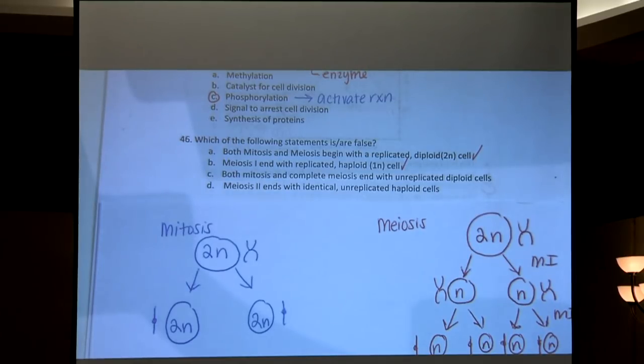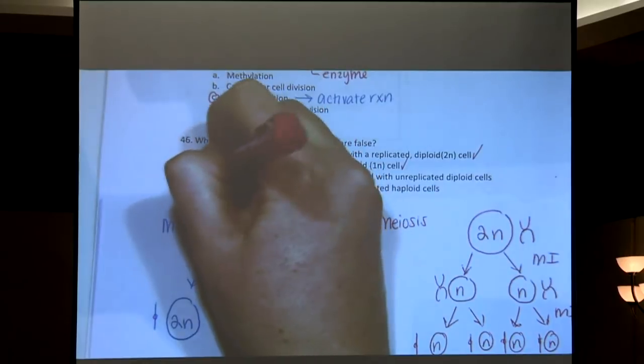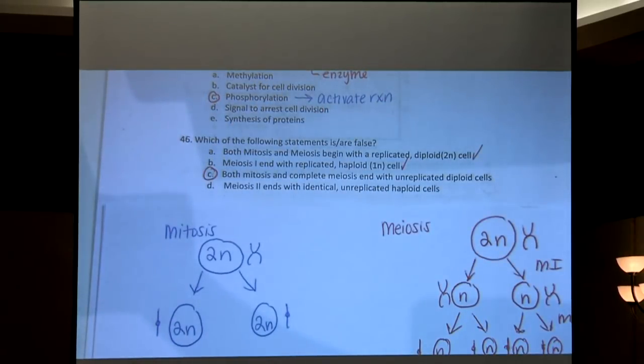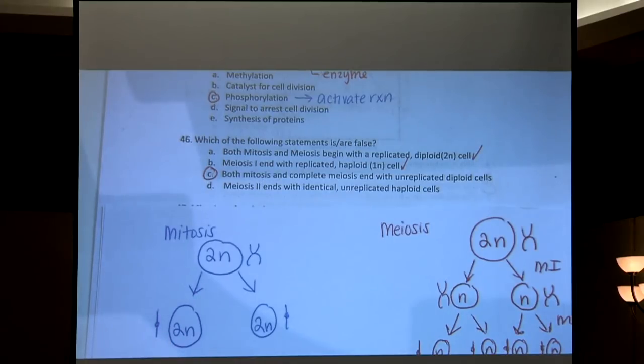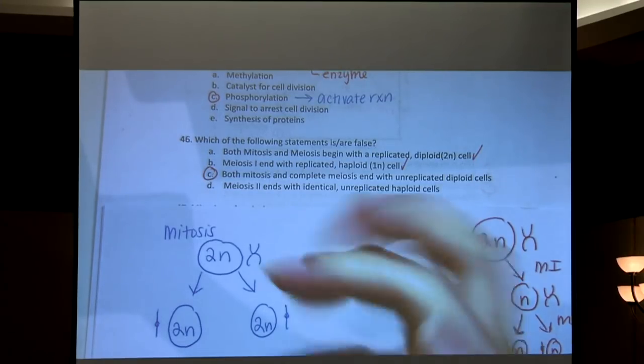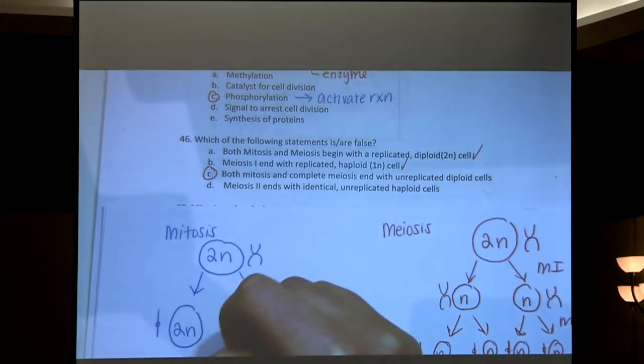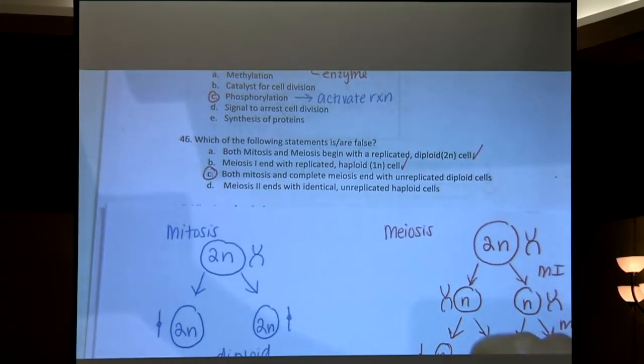Both mitosis and complete meiosis end with unreplicated diploid cells. Is that true? This is not true. This is false. All right. For this one, the difference is we do have unreplicated, however, mitosis ends with the diploid cell, where meiosis ends with our haploid cell. All right. So diploids. These guys are haploid.